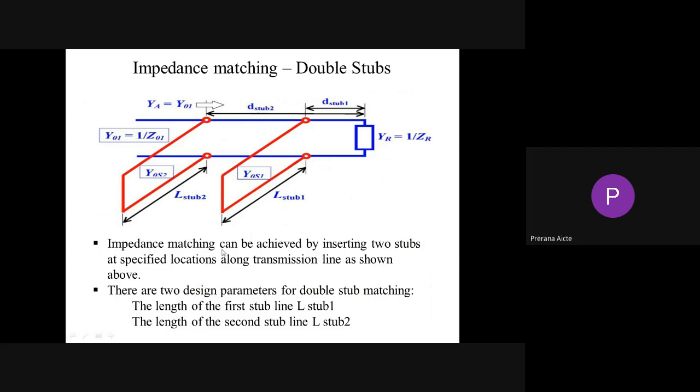Now the impedance matching can be achieved by inserting two stubs at specified locations along the transmission line, as shown in the above figure.